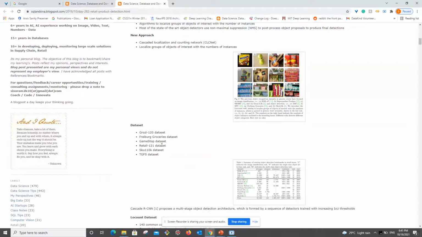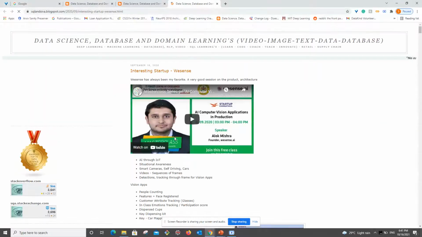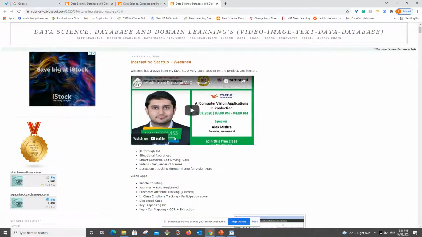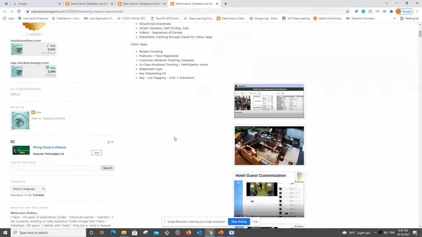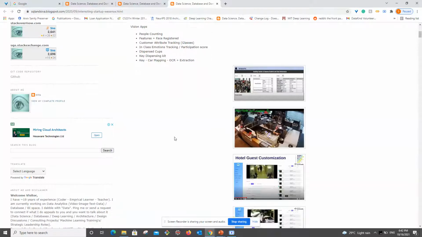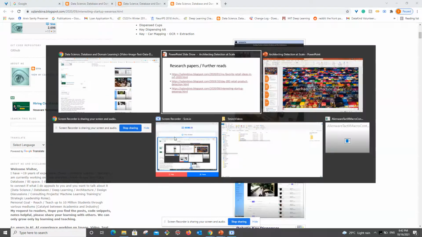Finally, there is one startup, Vsense.ai. This was a very good session by the founder, where he gives a similar perspective and a lot of detailed implementation of the product, and how they have enabled edge plus cloud for product tracking, people tracking, and solving use cases with vision.